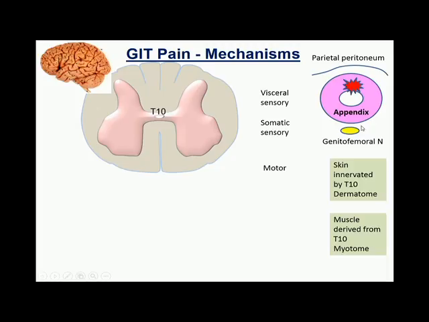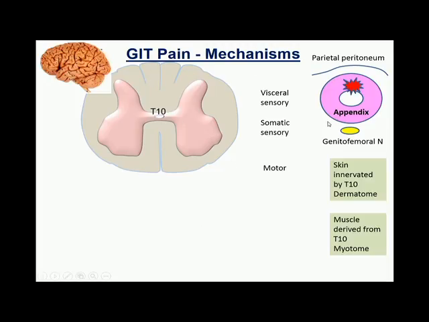There is also a somatic nerve, the genitofemoral nerve. These are the relationships. You can draw the psoas muscle here. And this is the spinal cord segment at T10 level and the brain.